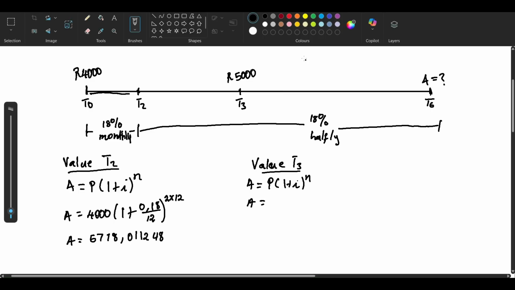Guys, remember, the thing that I have emphasized so much up until now is that this money that we are going to get at T2 is going to be our final amount when you are coming from T0. But when you move from T2 to T3, you are going to treat this money as our P, because it is our present value at the 2nd year, right?